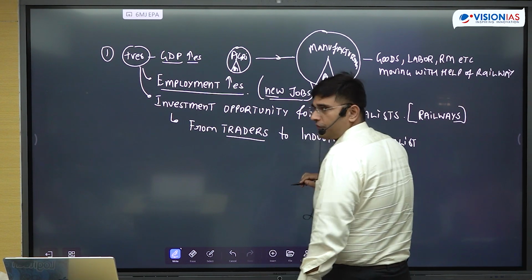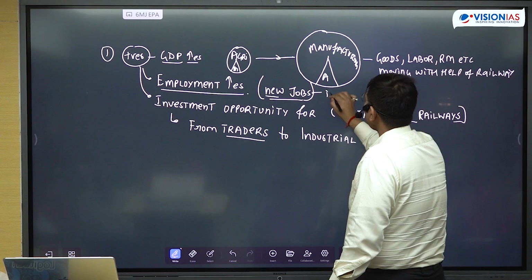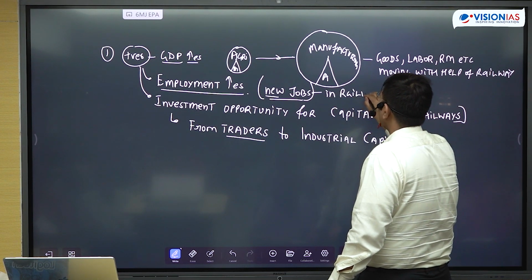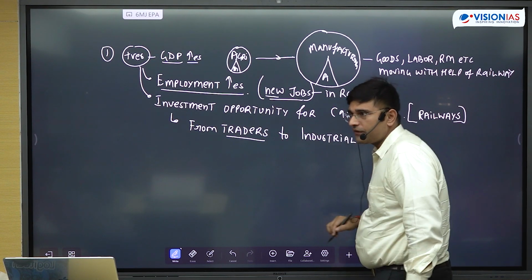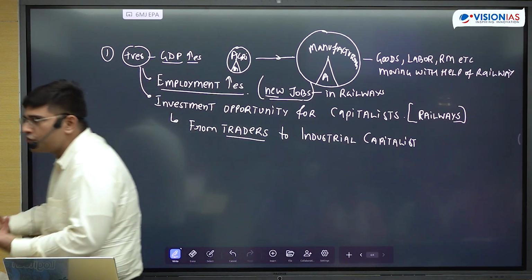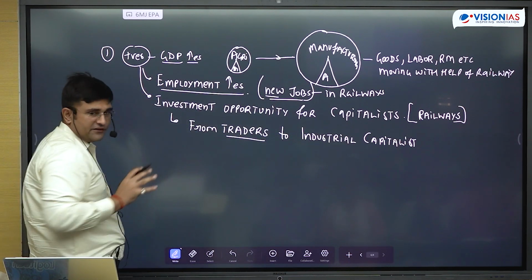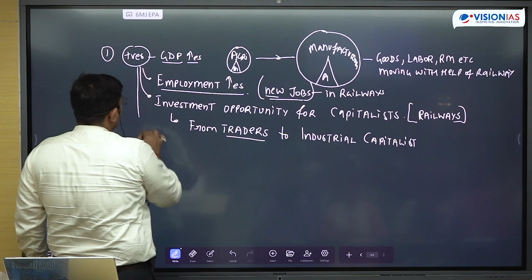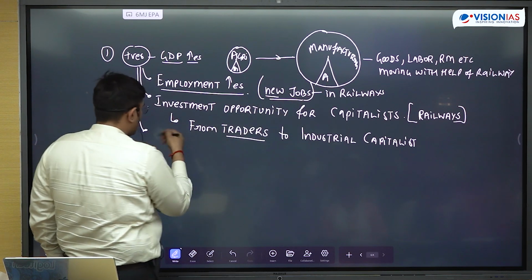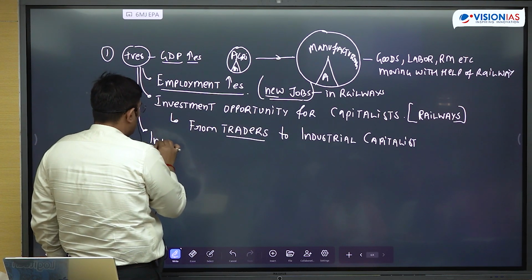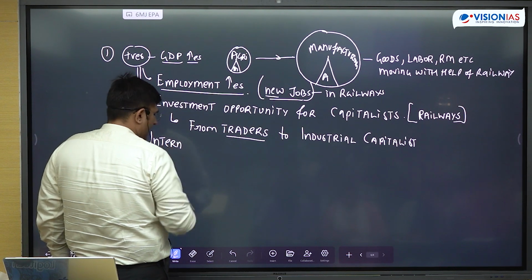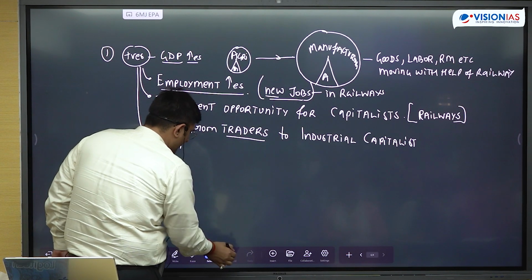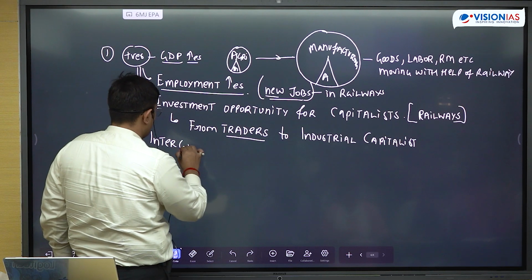Employment increase, new jobs. New jobs where? Because of railways. Because railways will become one of the most important sectors, right? Investment opportunities. Another aspect is that you can make a separate category. You can say that because of the railways, there was development of what you call an interconnected economy.